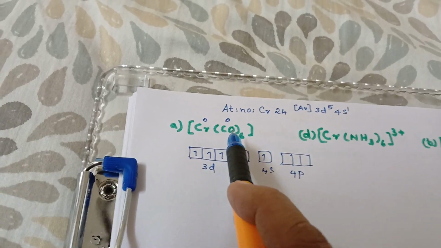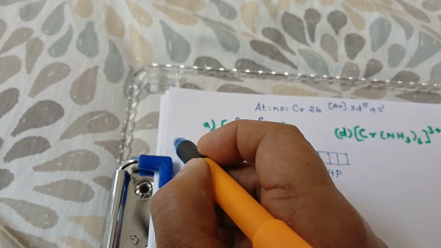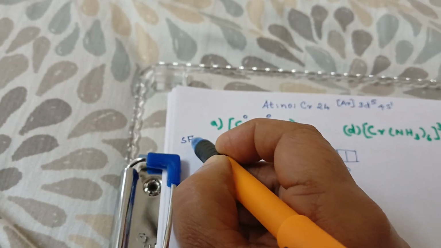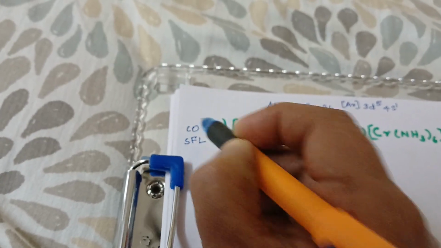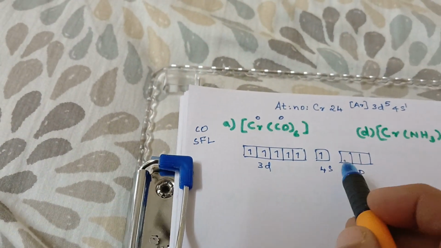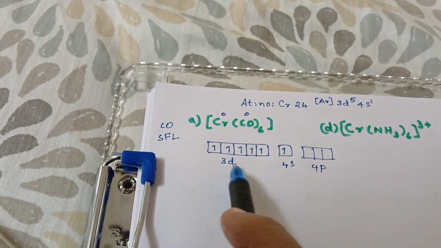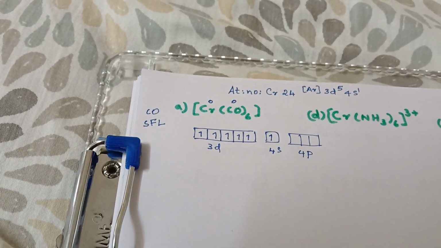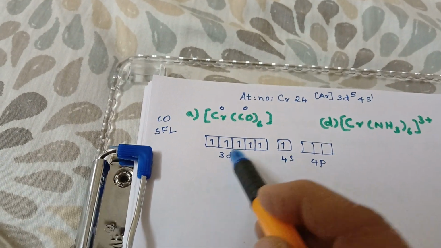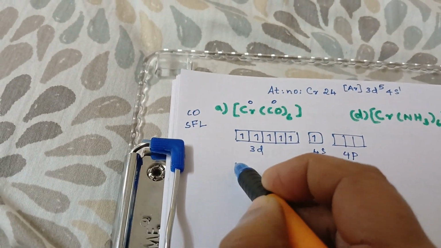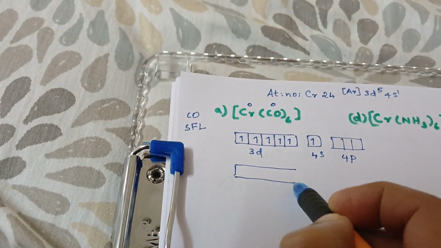So CO, carbonyl, is a strong field ligand. So what it does is it will pair up the electrons. The 5 electrons in the 3d orbital and 1 electron in the 4s will come together and pair up.